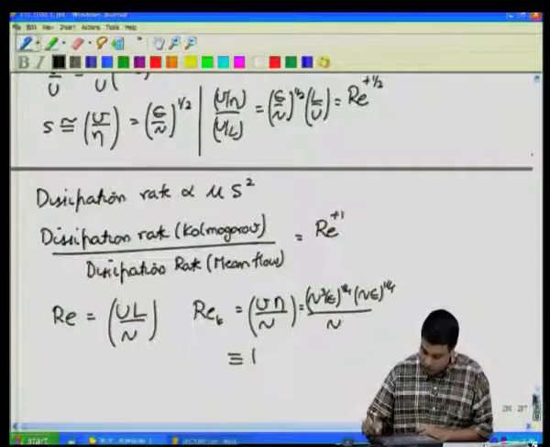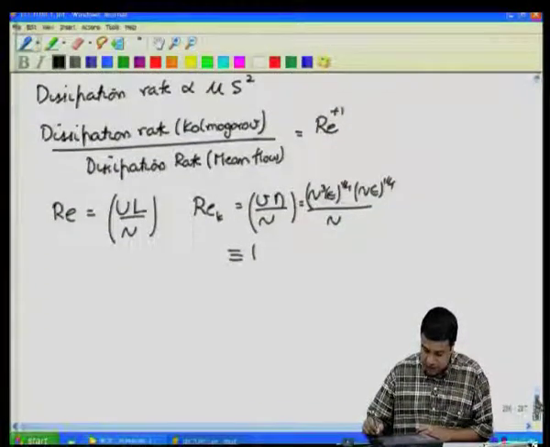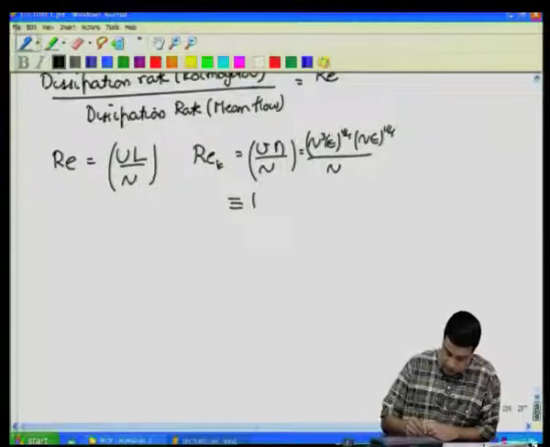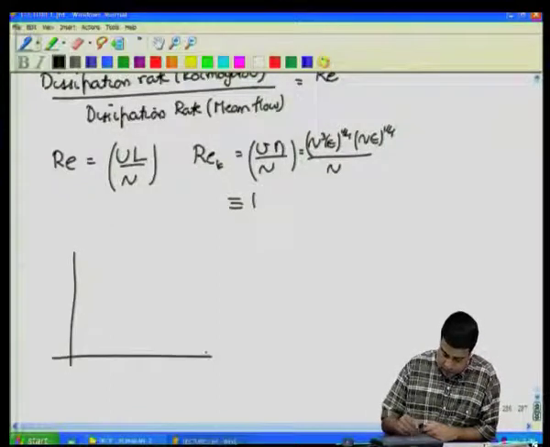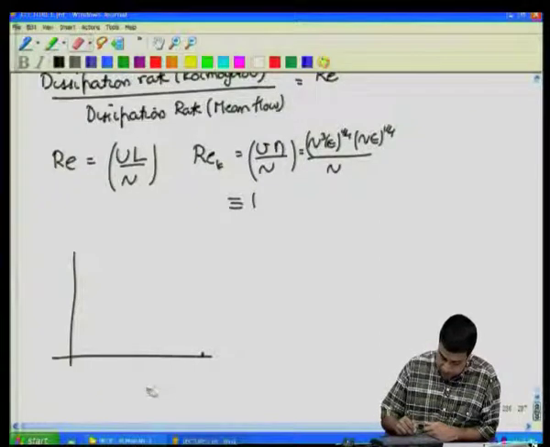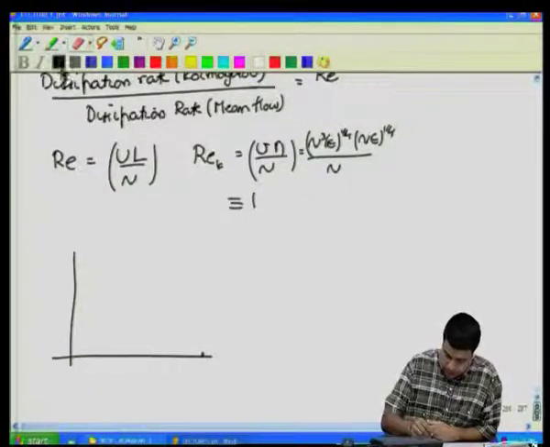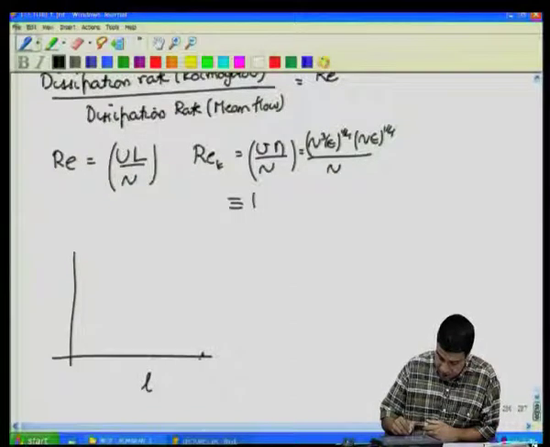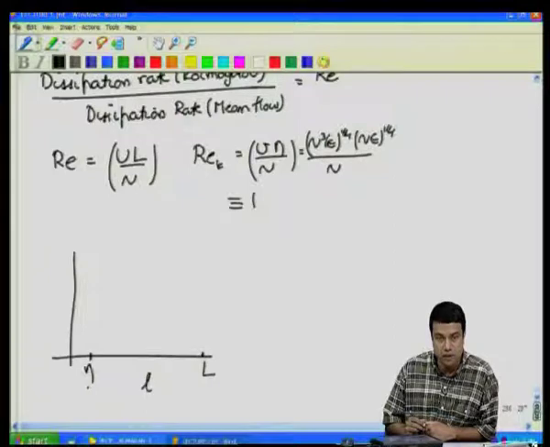So, you have what is called a cascade of energy in a turbulent flow. If I plot, for example, as a function of the length scale, I have the large scale L corresponding to the macroscopic flow, and I have the small scale eta.